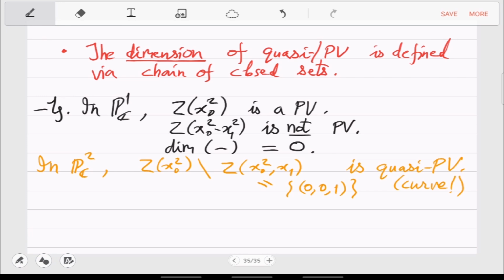Finitely many points should be called dimension 0. If by your definition you get dimension 1, then the definition is wrong. Positive dimension should always mean that there are infinitely many points, because you are in F_p bar, or if you are over the complex numbers. That's the basic intuition you have to keep in mind.